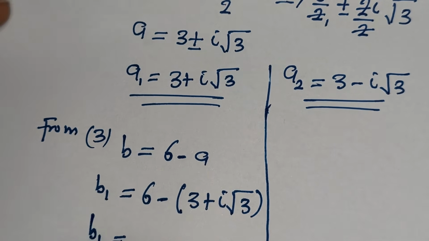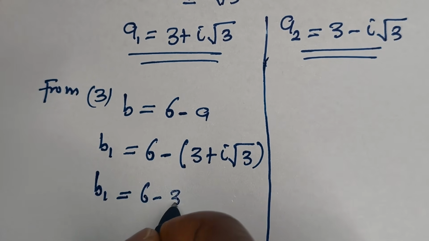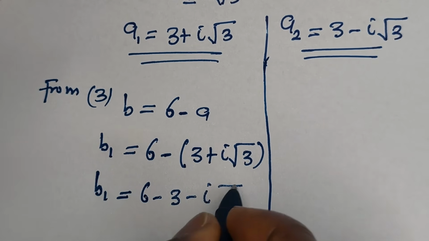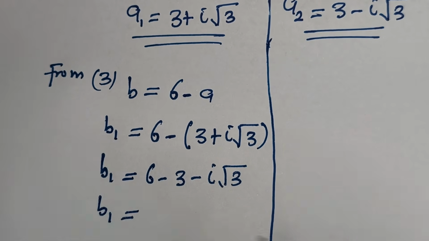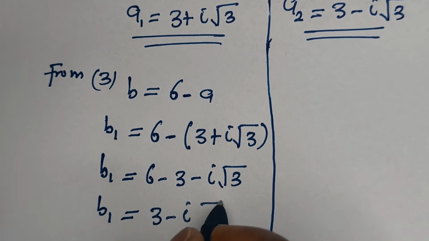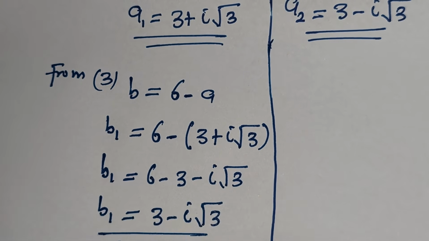B1 is equal to 6 minus 3 minus I square root of 3. B1 is equal to 3 minus I square root of 3. This is the value of B1.